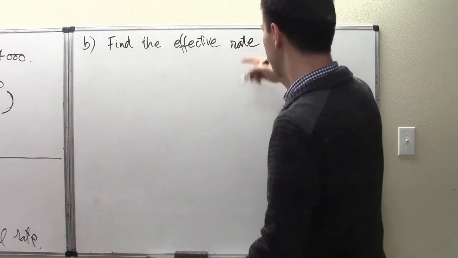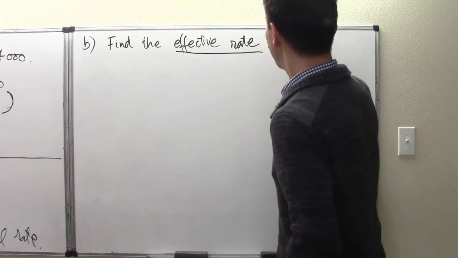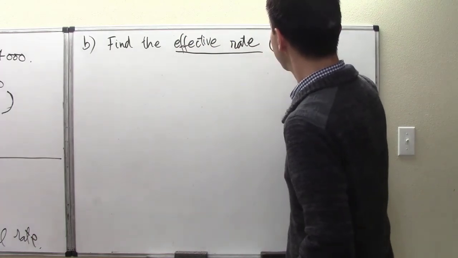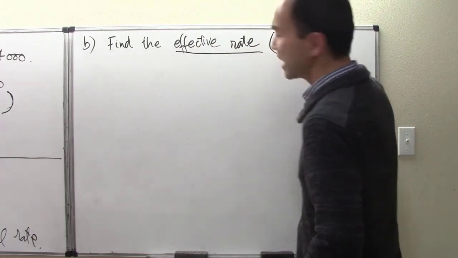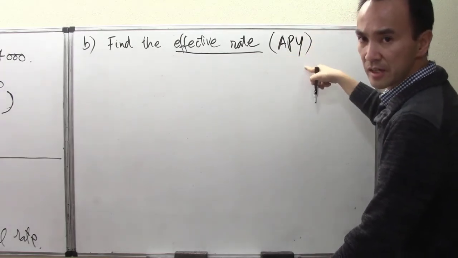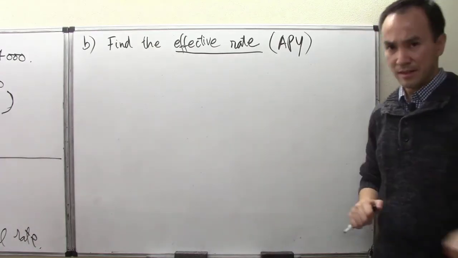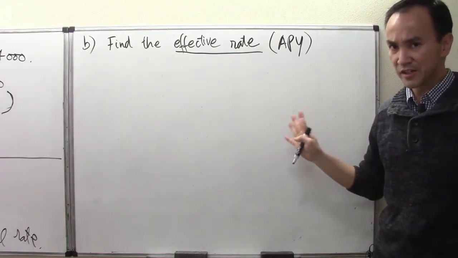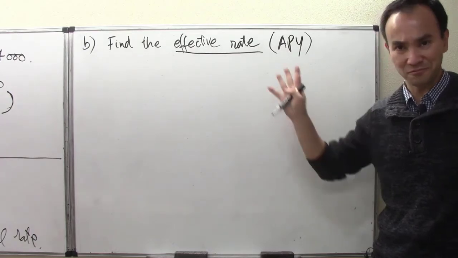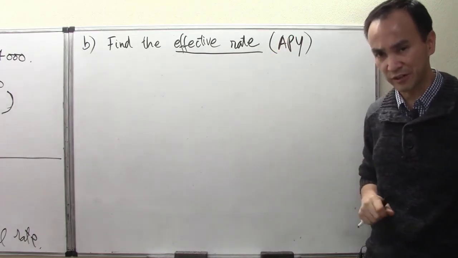In short, it's the effective rate, and in this case it's going annually, so it's the APY, annual percentage yield. Now it's just a matter of applying directly the information we learned just before we headed into this example.